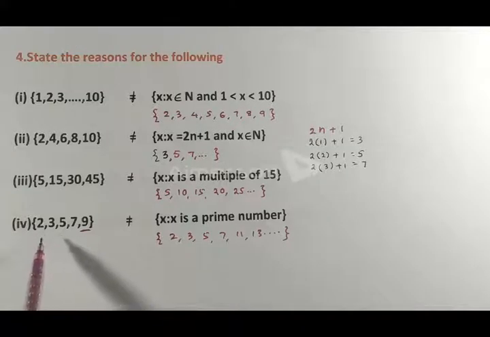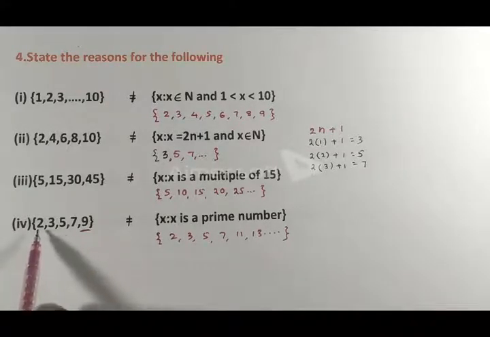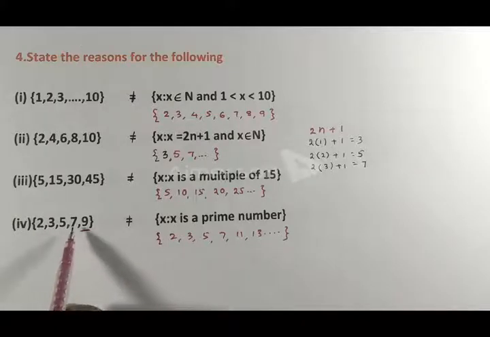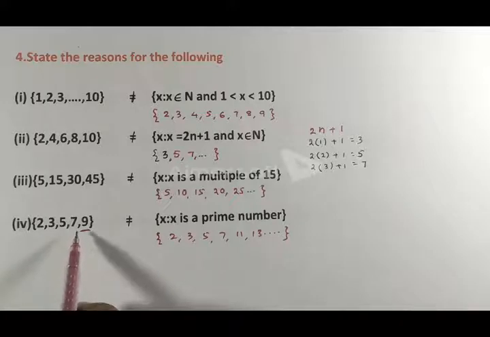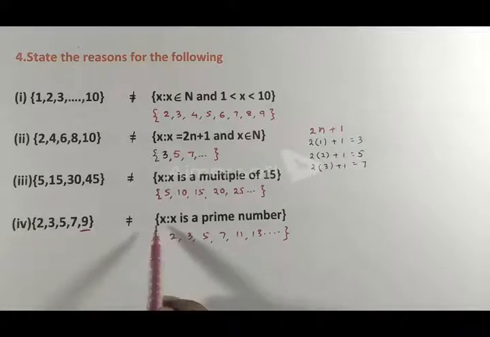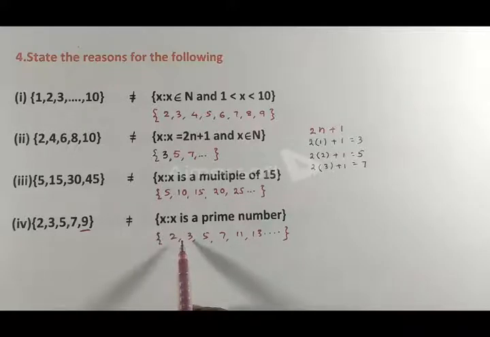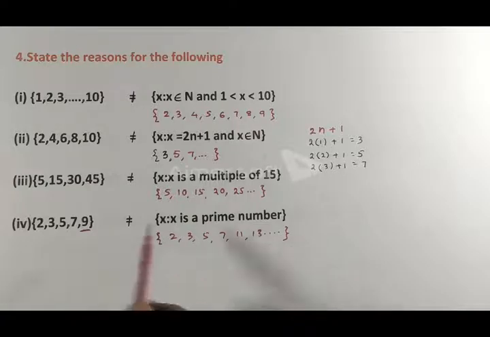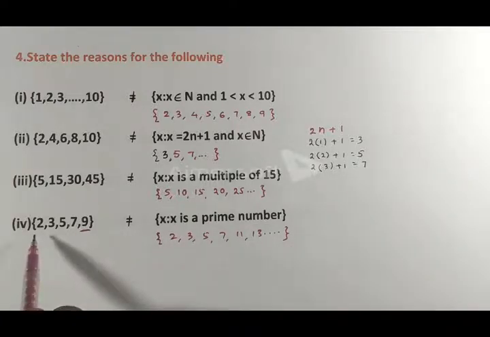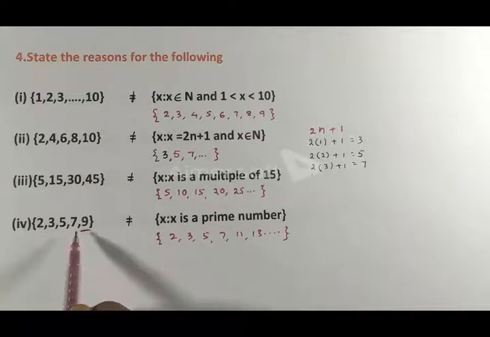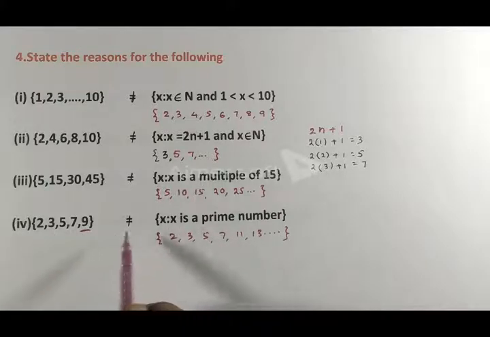The first set contains prime numbers 2, 3, 5, 7 and also a composite number, 9. The second set contains only prime numbers 2, 3, 5, 7, 11 and 13. Because the first set contains elements other than prime numbers, the two sets are not equal.